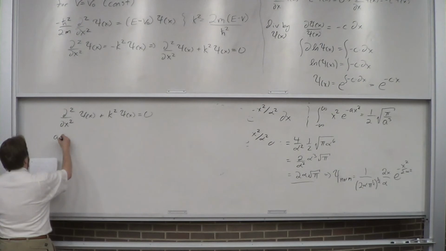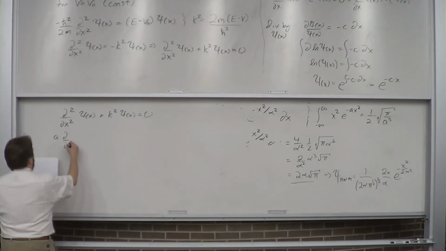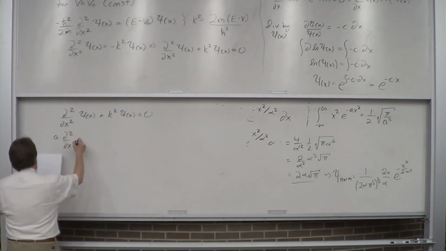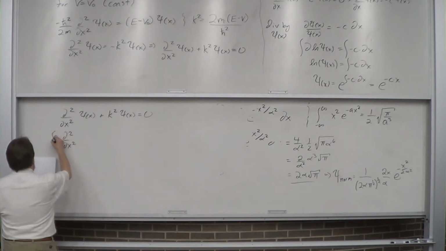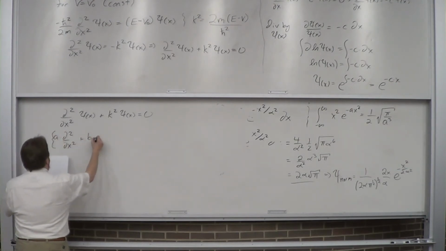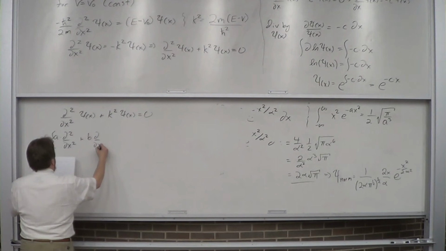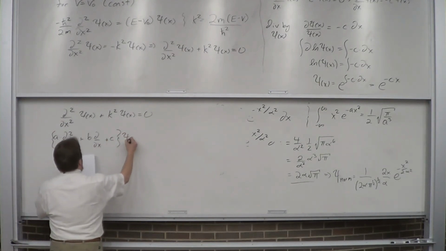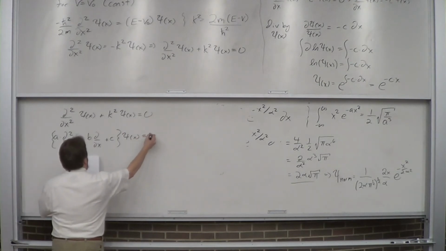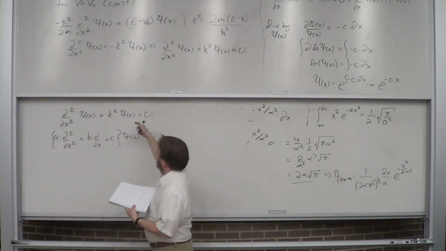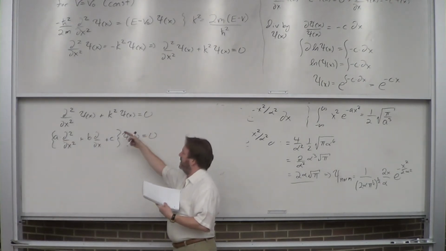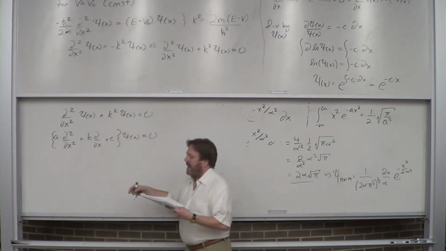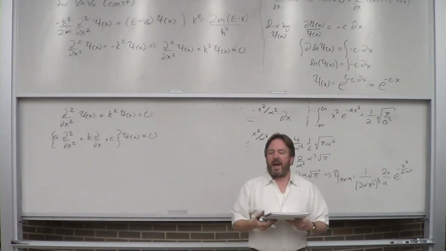I'm going to write A, double derivative, plus B, single derivative, plus a constant. All of that's going to work on the wave function. It's going to give 0. So you see I've written like a very generic form. This is very specific. That's the Schrodinger equation. And I've made a very generic form of that.